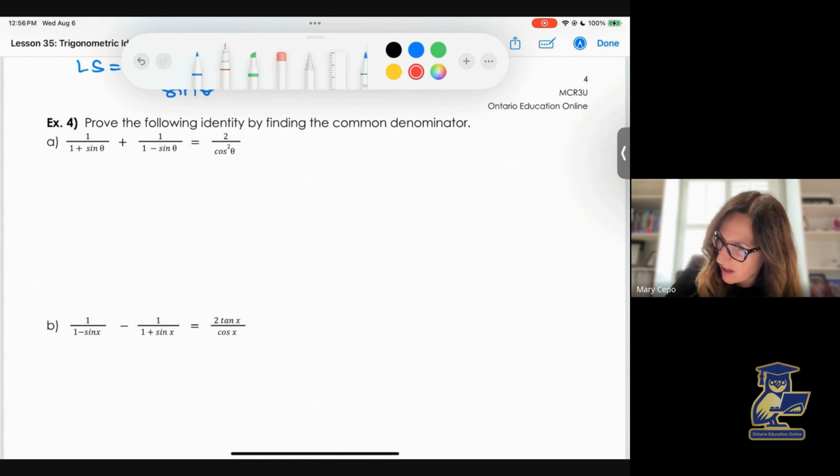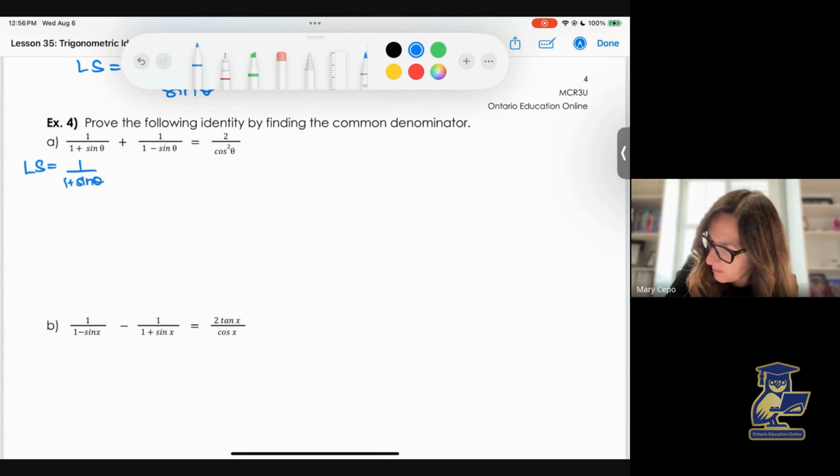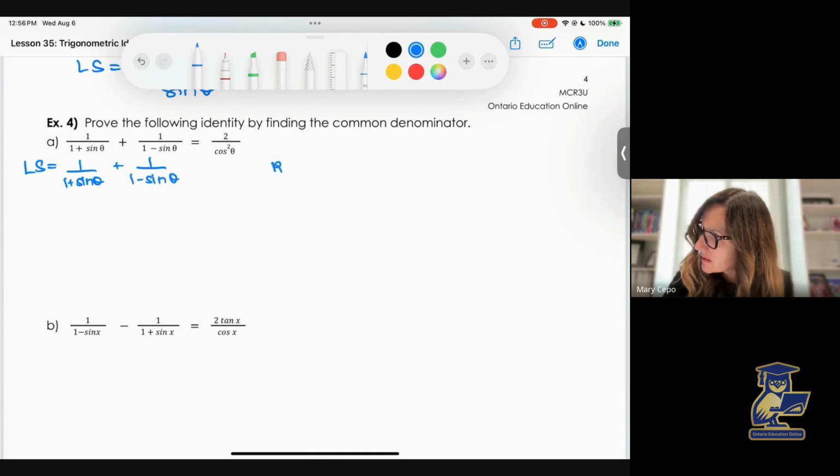So we would say left side is equal to 1 over 1 plus sine theta plus 1 over 1 minus sine theta. The right side is equal to 2 over cosine squared theta. So the more complicated is definitely the left side.